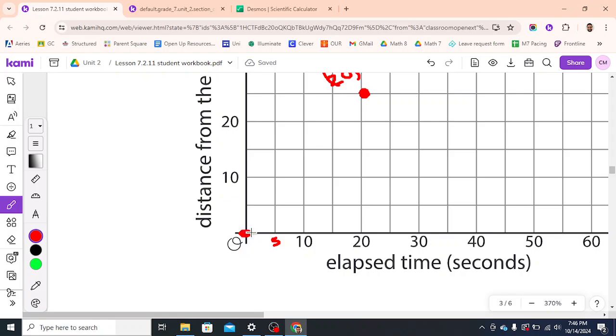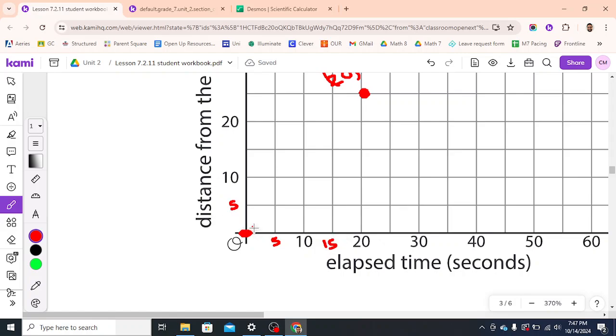So if this is 0, this is technically 5, there's 10. So 1 second is just a little bit to the right. And if this is 5, it's almost right there, like a tiny dot. Right 1 and then up 1.25, which is really hard to do when it's a scale of 5, meaning each box is 5, 10, 15, 20, and so on.